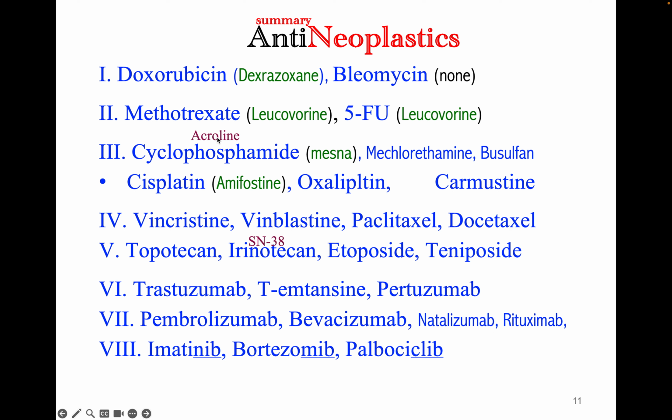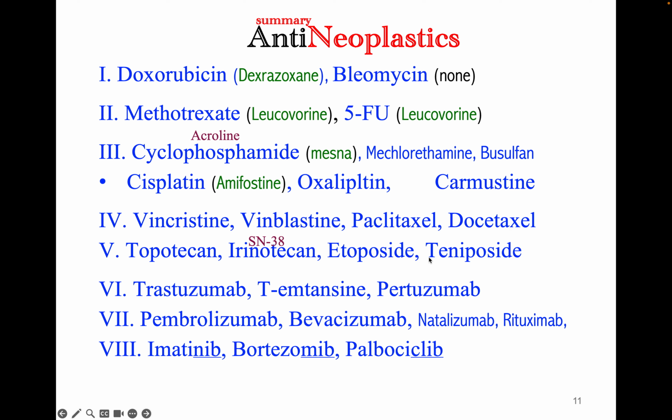Remember the other metabolite we were talking about, from an entirely different drug. Cyclophosphamide produces a metabolite acrolein that causes hemorrhagic cystitis. So it's a different story. Okay, etoposide and teniposide, not much. I want you to remember the mechanism of action, Topo2 inhibitors. Easy to remember because they make double DNA strand breaks.